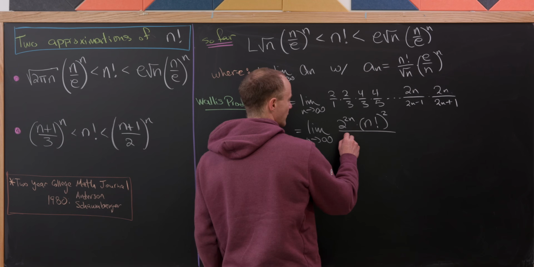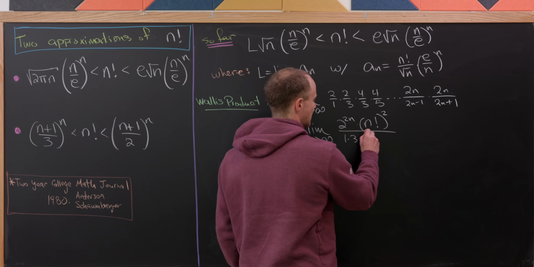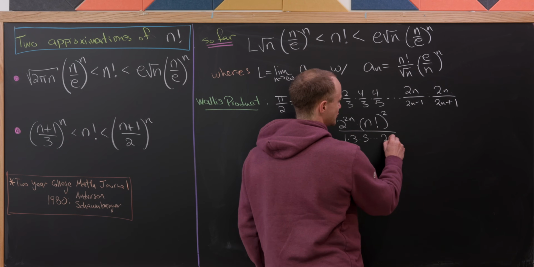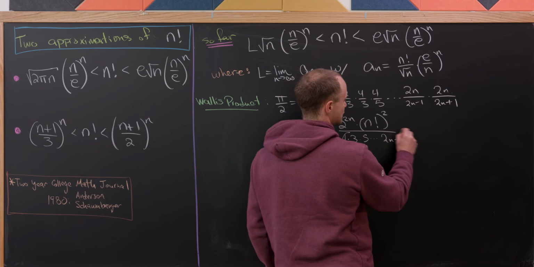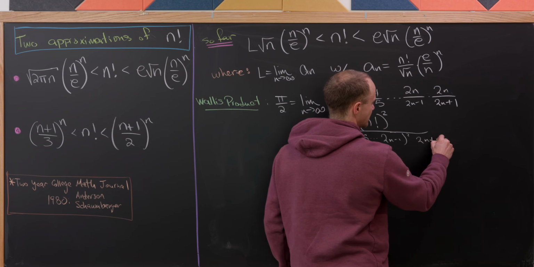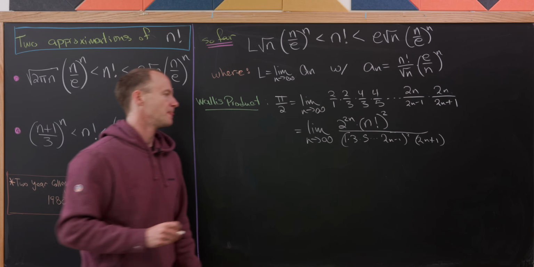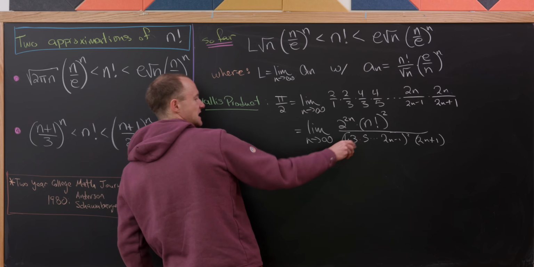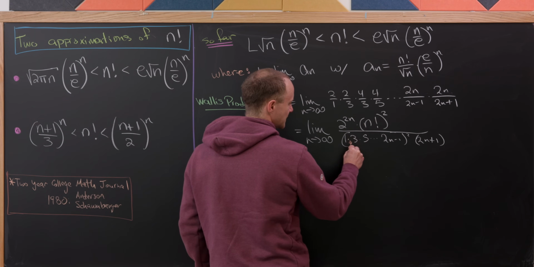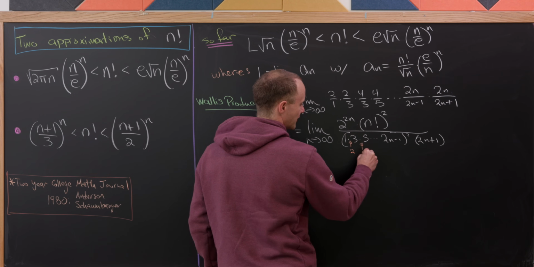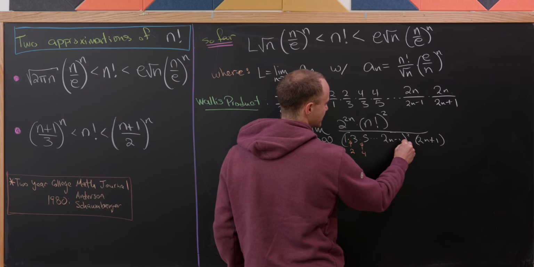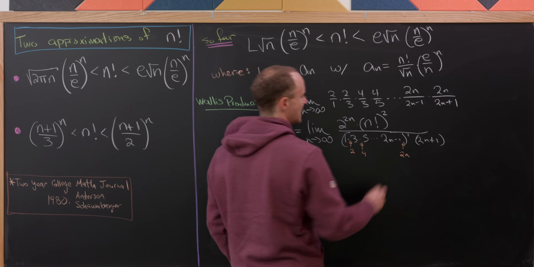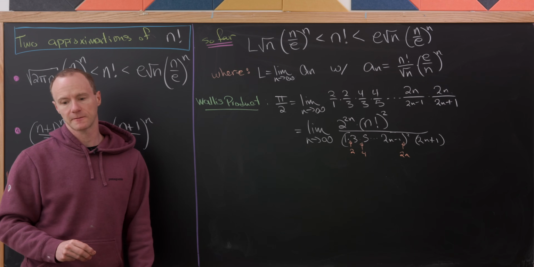Well, in the denominator, we have 1 times 3 times 5, all the way up to 2n minus 1 squared times 2n plus 1. But now what I'll do is I'll slide all of the even numbers in here. So I'll put a 2 here, I'll put a 4 here, all the way up to putting a 2n at the end there.